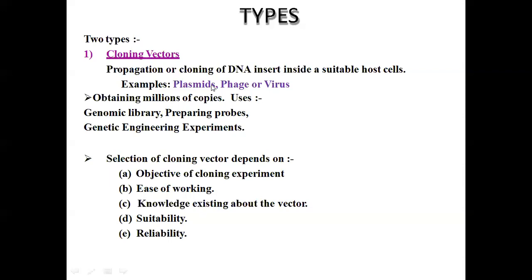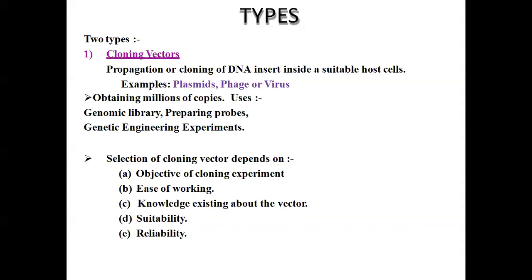Cloning vector means propagation or cloning of DNA inside a suitable host cell. Examples are plasmid, phage or virus. Obtaining millions of copies. Uses are genomic library preparation, preparation of probes, and genetic engineering experiments. So what is a cloning vector? It is a vector where you can clone and make multiple copies of specific genes.